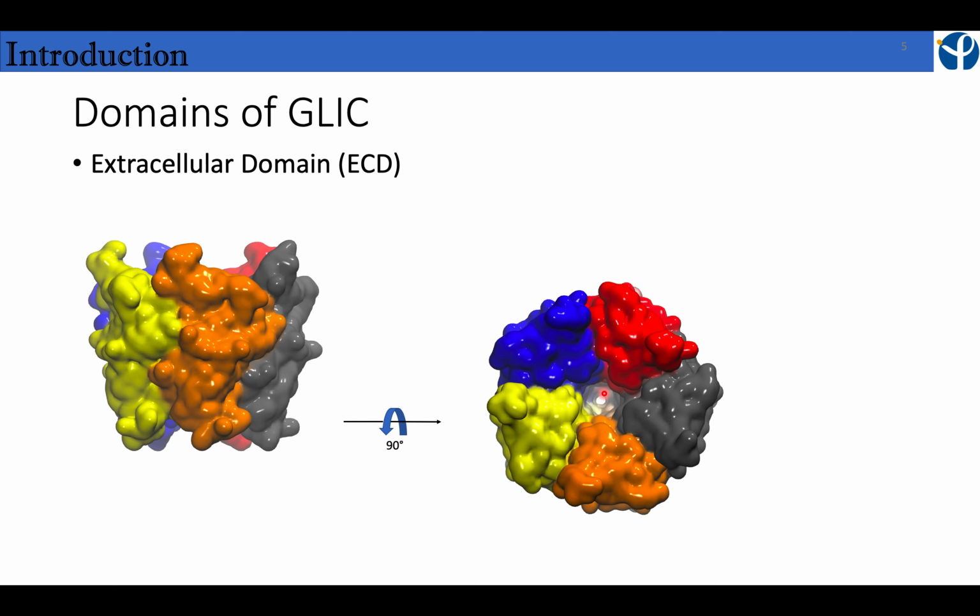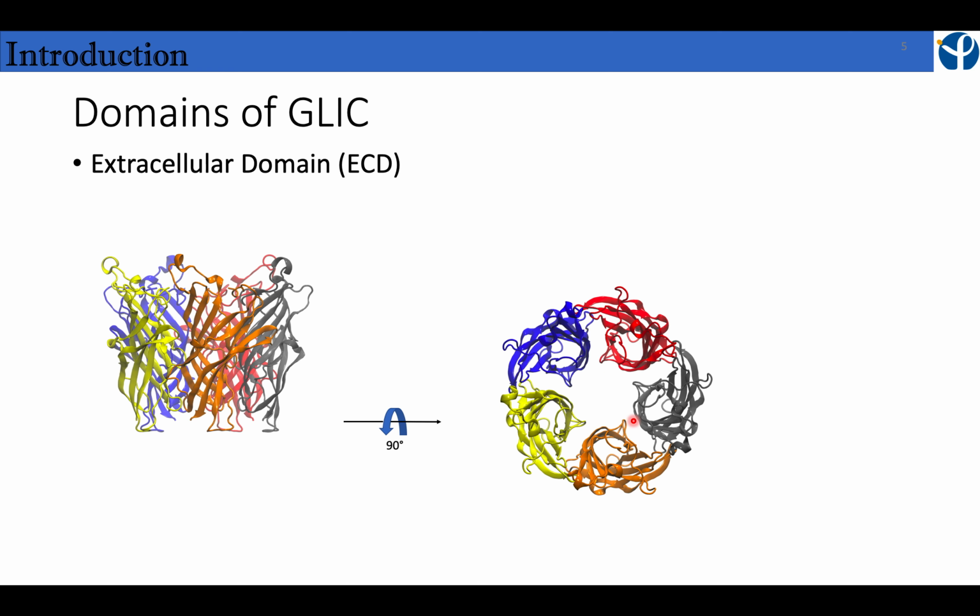Now, we have basically two domains in GLIC. The top part is called the extracellular domain, and it is mostly beta sheets. It can be considered a kind of skewed beta sandwich in each chain. I will come to details of individual chains later.